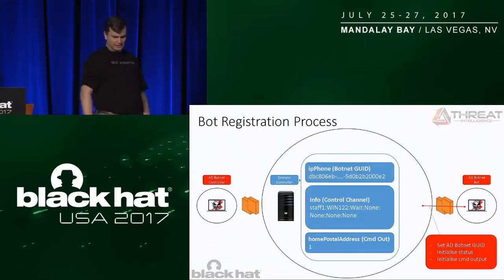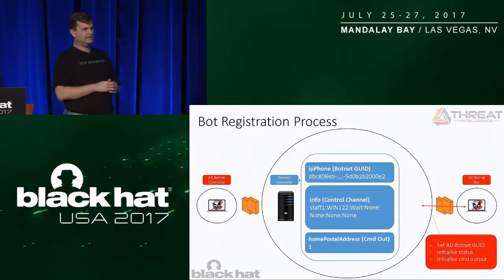So there's a graphical representation of the registration process. You've got the GUID and the info attribute, and it sets itself into a waiting state. We've tried to make it quite stateful.